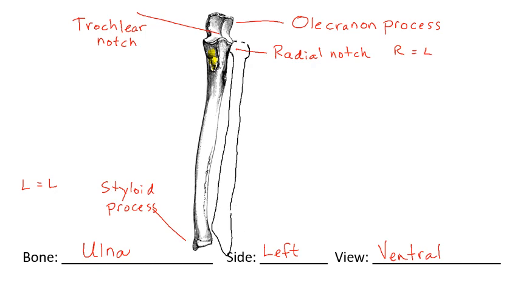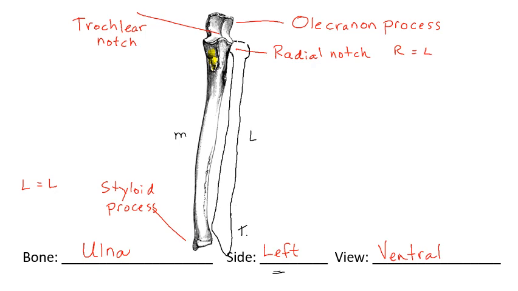And what we know about these bones and the way that they articulate and the way that they sit in our body is the radius is found laterally, and the ulna is found more medial. Therefore, if this is radiating out, this is our thumb side on our hand. Our thumb is sticking out. Therefore, this is a left. It's confirmed. So our radial notch, we can't entirely see it, but that's okay.